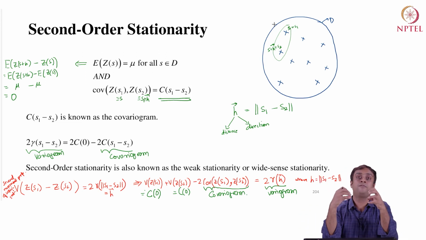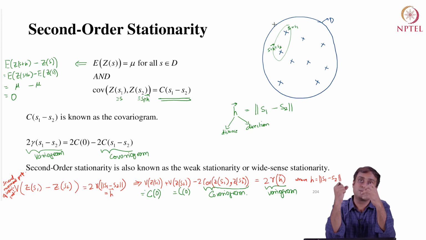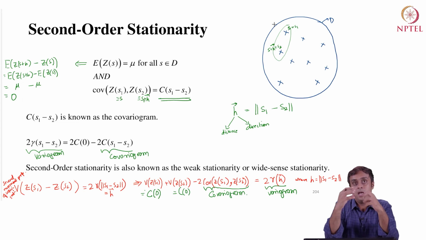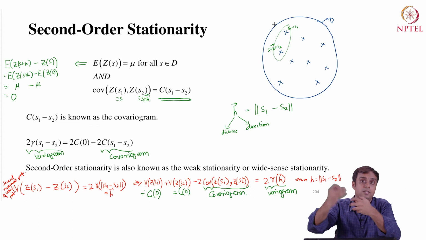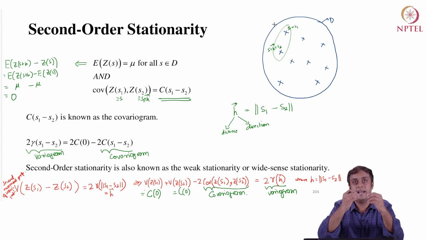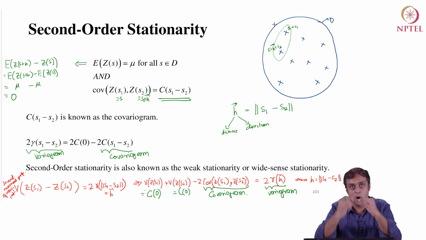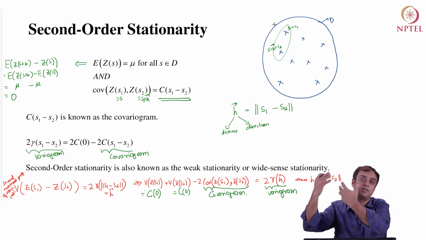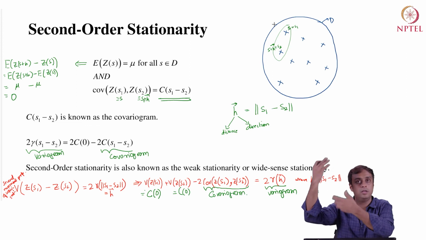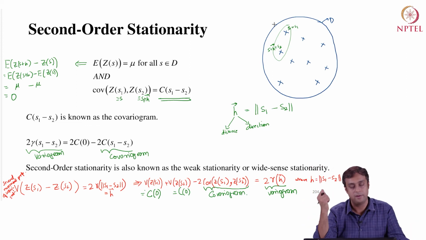If the variance of the difference of two values at two locations is small, that means there will be much higher spatial dependence, and hence the covariance will be high. So, if the variance of Z(S1) minus Z(S2) is small, then spatial dependence is higher, and hence the covariance of Z(S1) and Z(S2) is also higher.